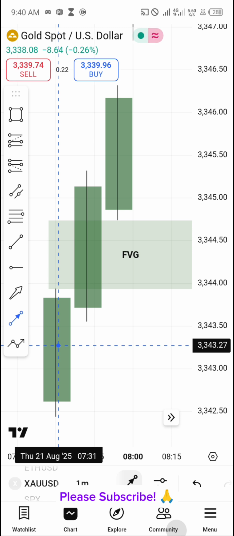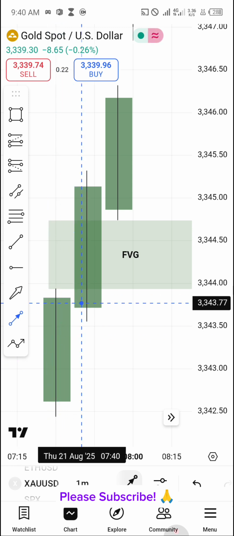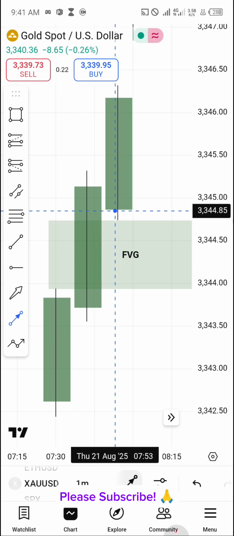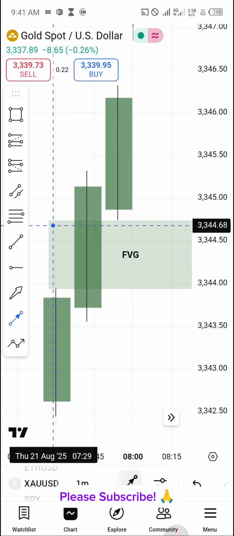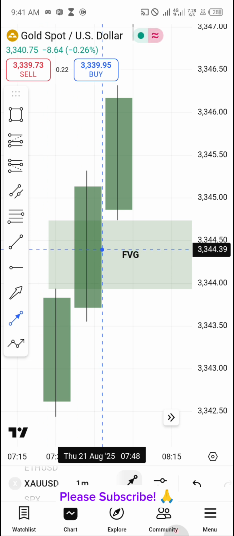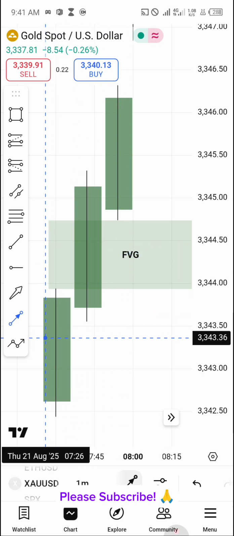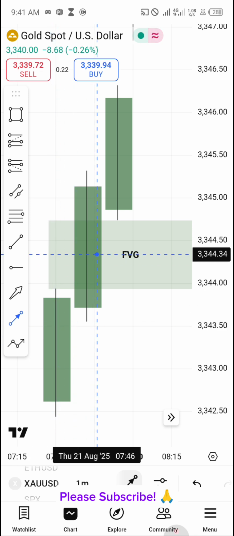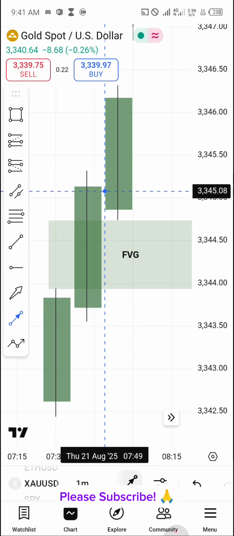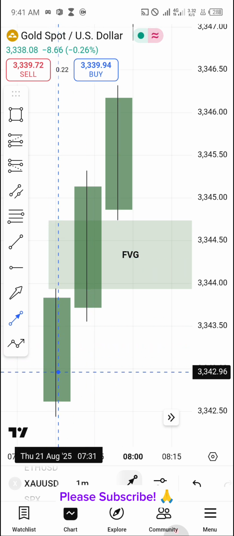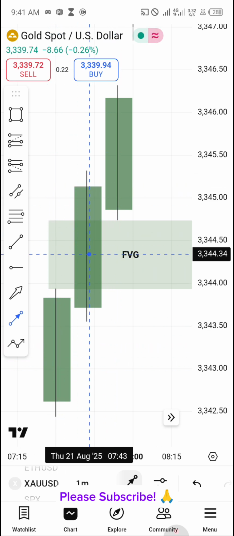You first need to see that candle one closes low, candle two shoots up, and candle three doesn't retrace enough. The gap right here is known as the fair value gap. The gap between candle one and candle three is the fair value gap.